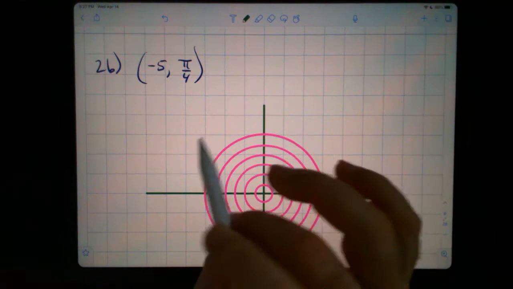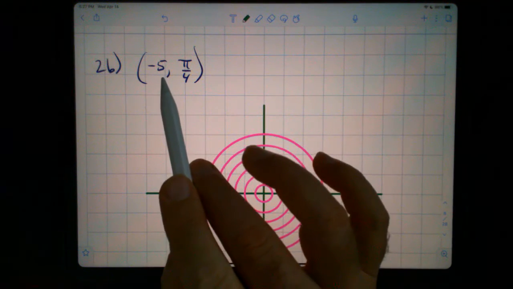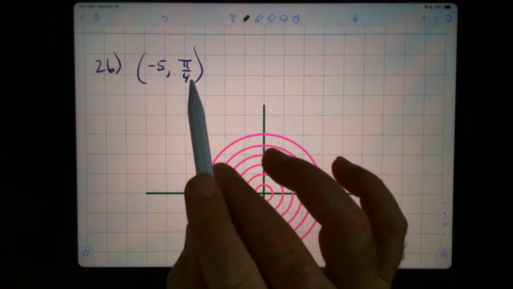One way to do this is to graph positive 5 comma pi over 4.